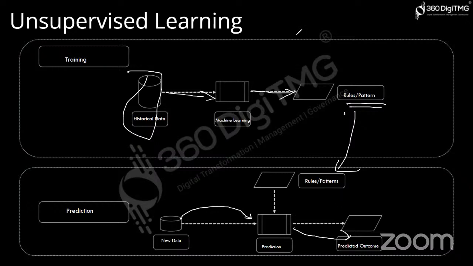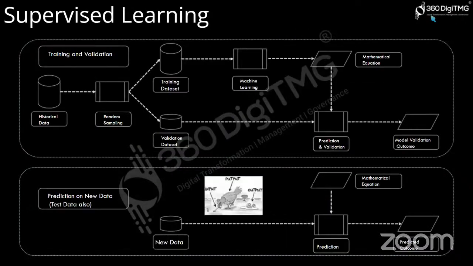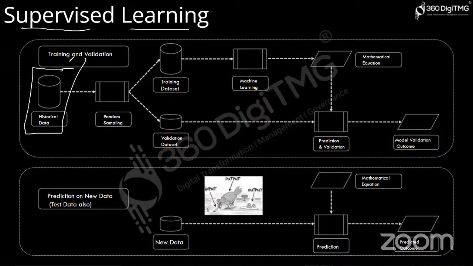Let's go to the next model, that is the supervised learning model. Here I told you we have a training phase. You can see here also we are applying this to historical data. From this historical data, we first of all have to split our data into two parts, training and testing or validation, you can say.